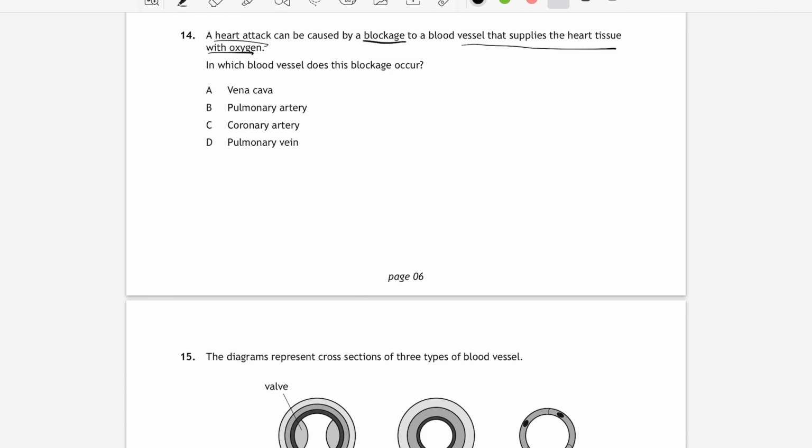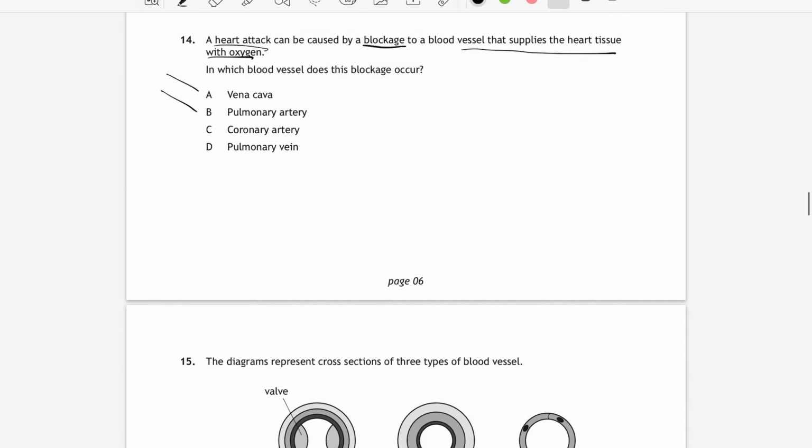Now, the vena cava is what brings back that deoxygenated blood to the heart. The pulmonary artery takes the blood away from the lungs. The coronary artery is what supplies the heart with oxygenated blood, and the pulmonary vein is what puts deoxygenated blood back towards the lungs. So our answer here is our coronary artery.